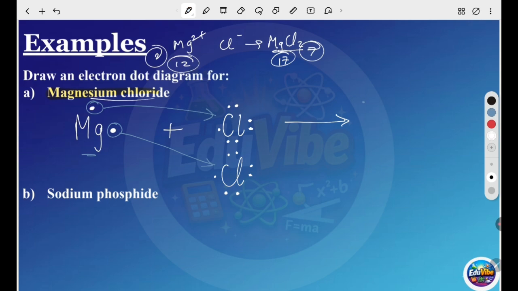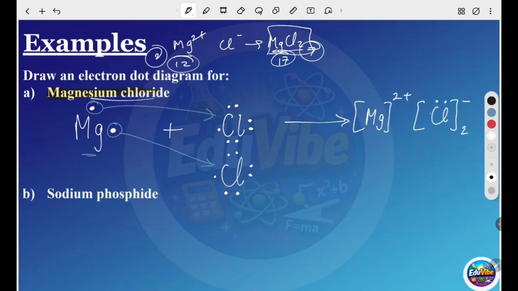As the result, we get the square bracket, and we have to make Mg with a positive charge because they lose those, and Cl gets the negative charge. Why the negative charge? This will be 2 negative, but we have 2 Cls, like MgCl2, we have to leave it in this form. So we have 2 Cls.